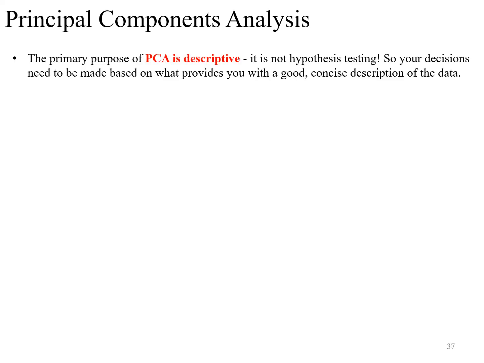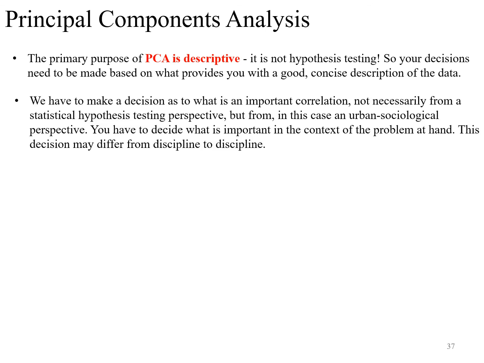Okay, so sort of an intermediate summary here. A primary purpose of PCA is descriptive. It's not hypothesis testing. So your decisions need to be made on what provides you with a good, concise description of the data. And that's more based on judgment calls than on any cut and dried hypothesis test related decision-making process.